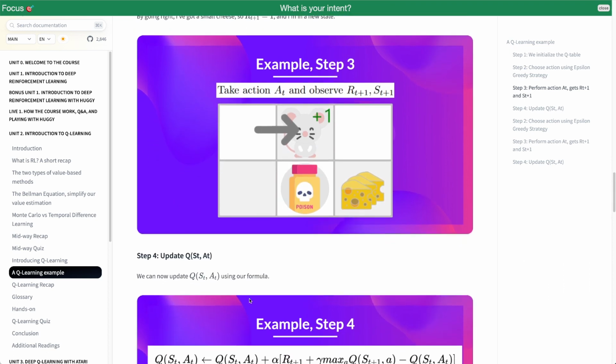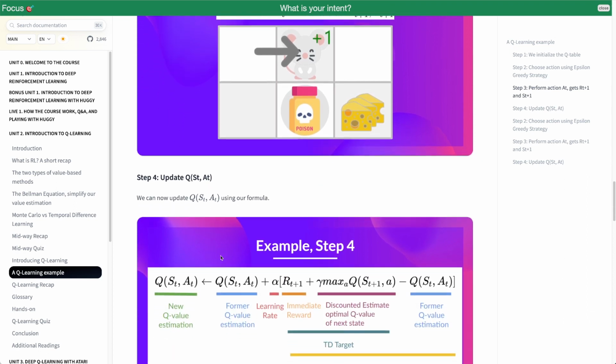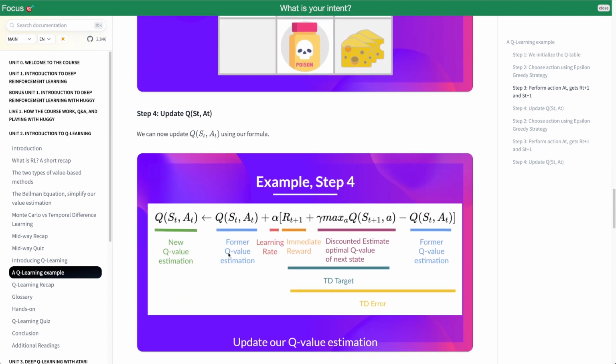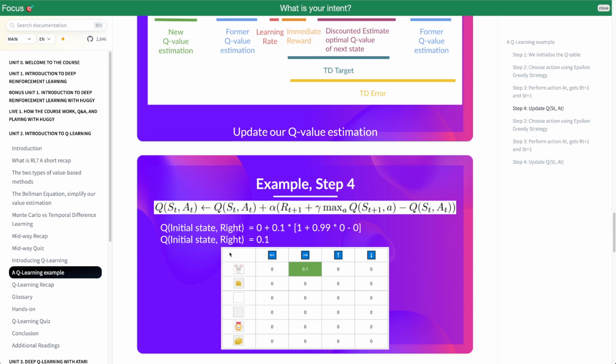So you update Q at state t and action at t. Now we can update using our formula. The previous value is 0, plus the learning rate 0.1 times the reward, which is 1 because we got that small cheese, plus the discount factor 0.99 times the maximum Q value of the next state.